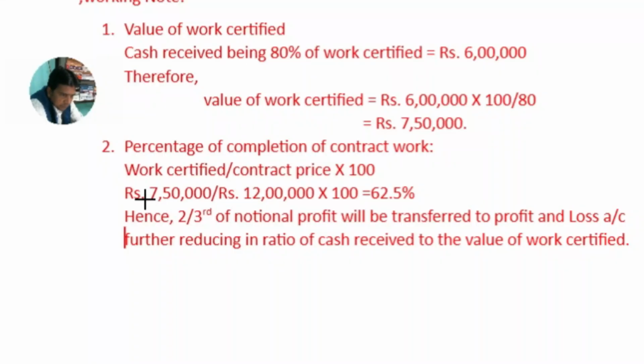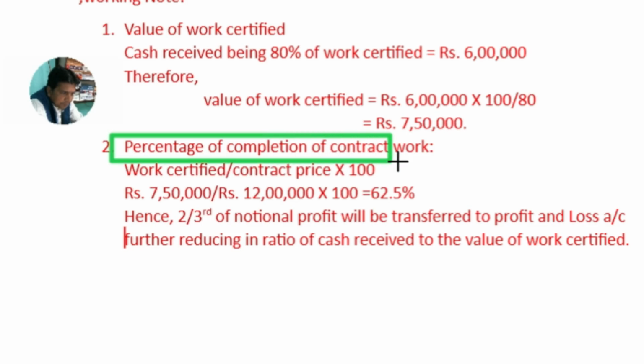The percentage of completion of contract work is calculated in this manner: work certified divided by contract price multiplied by 100. So the value of work certified is 7,50,000 divided by 12 lakh rupees, which is the contract price, multiplied by 100.